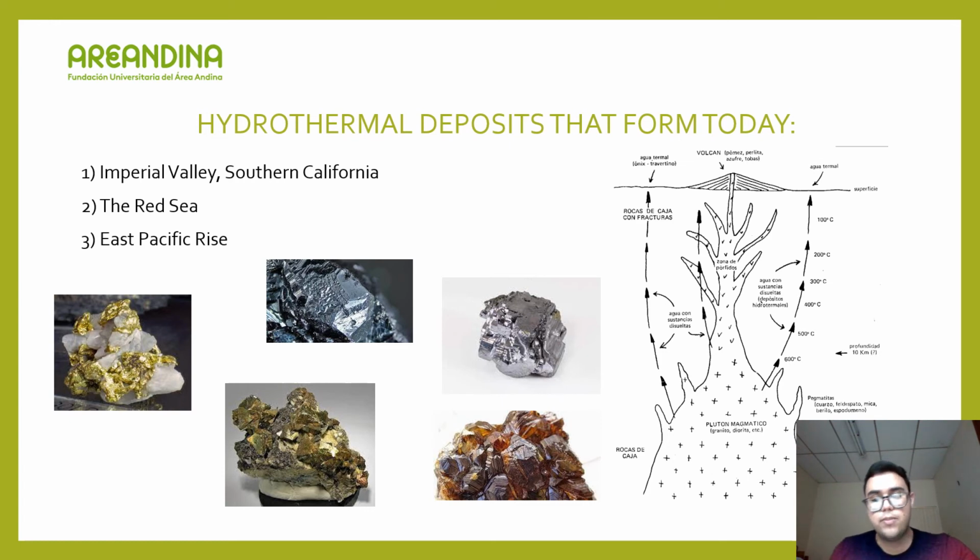The minerals precipitate as soon as they emerge, around the chimneys, while the banks of salty minerals form. This is an analogous modern example of the volcanogenic massive sulfide deposits.